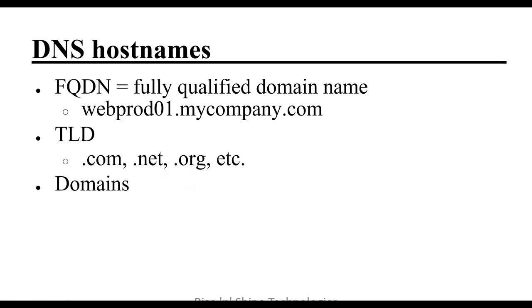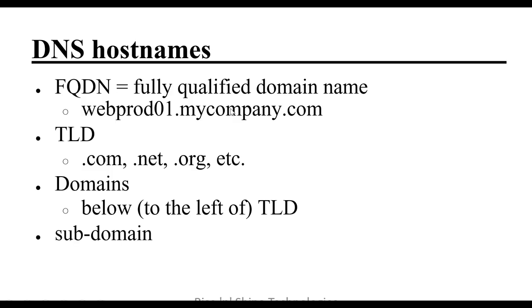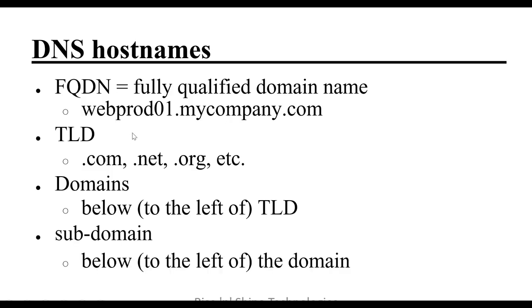Then the domain name is below, to the left of the TLD. And then the subdomain is to the left of the domain name. These are the main terminologies we use: top level domain, domain name, and subdomain. And the fully qualified domain name is a combination of all these three.